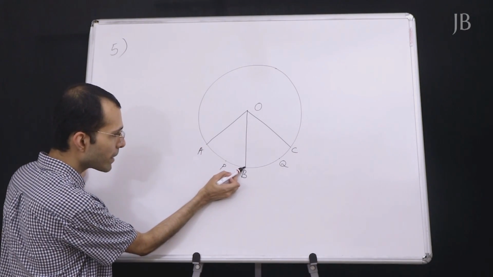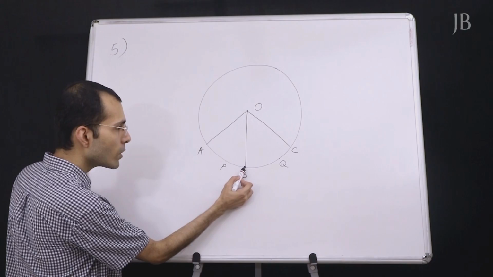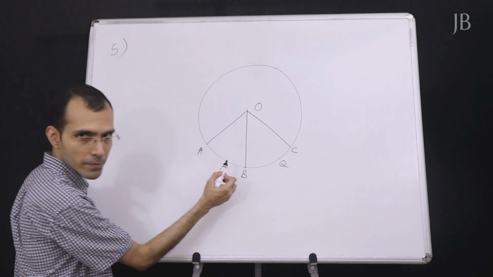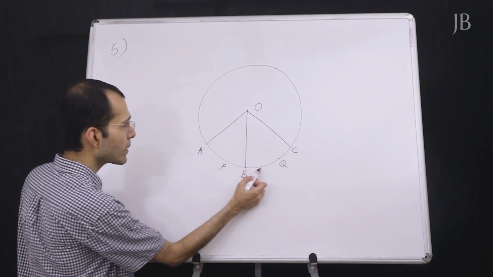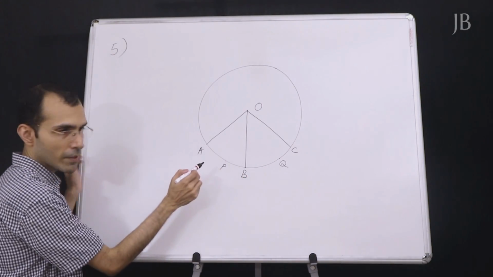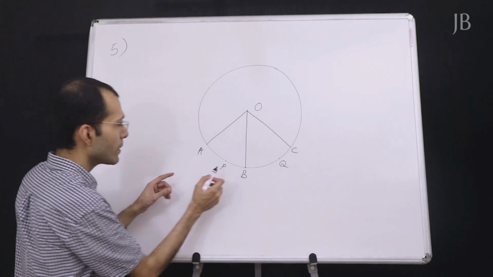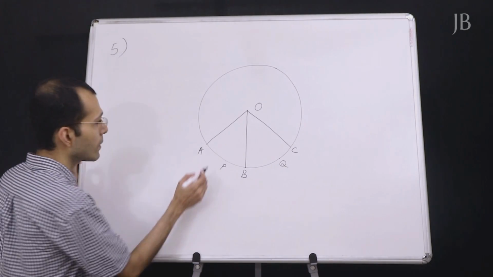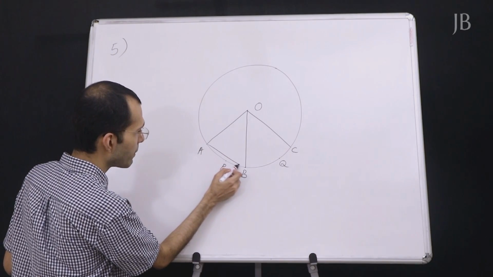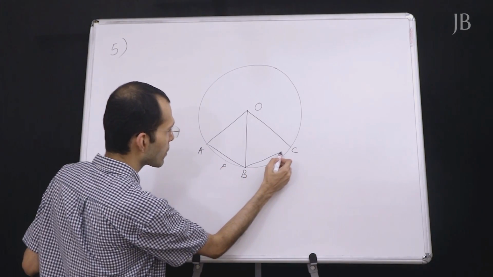If arc APB is equal to arc BQC, if the lengths of these arcs are same, then they will cut equal chords as well. So chord would be AB and another chord would be BC.